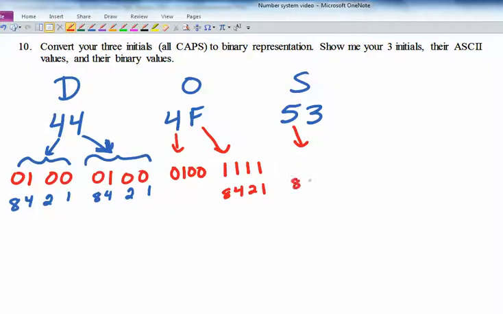And again, you might want to think about the place values, 8, 4, 2, 1. So to get a 5, we need a 4 and a 1. So 0, 1, 0, 1. And for a 3, let's do one more. With our place values for a 3, we need to fill in a 1 in the 2 and the 1 place. So, of course, for your initials, you'll come up with a different value here.